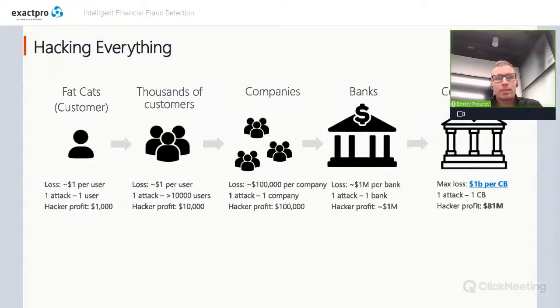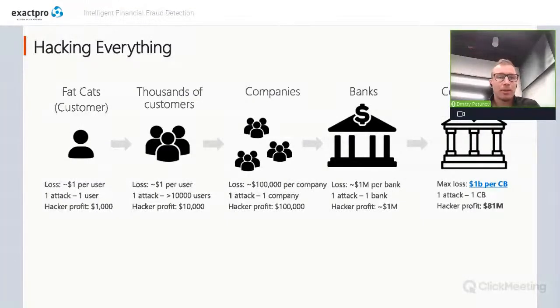But that's not the whole story. I suppose that 10 years ago specialized banking malware was developed and attacks on commercial banks started. And the hackers attacked successfully.